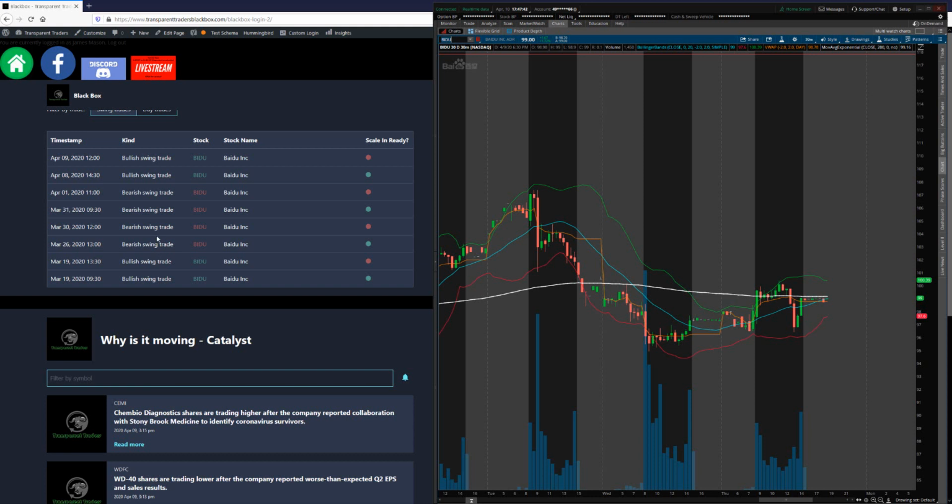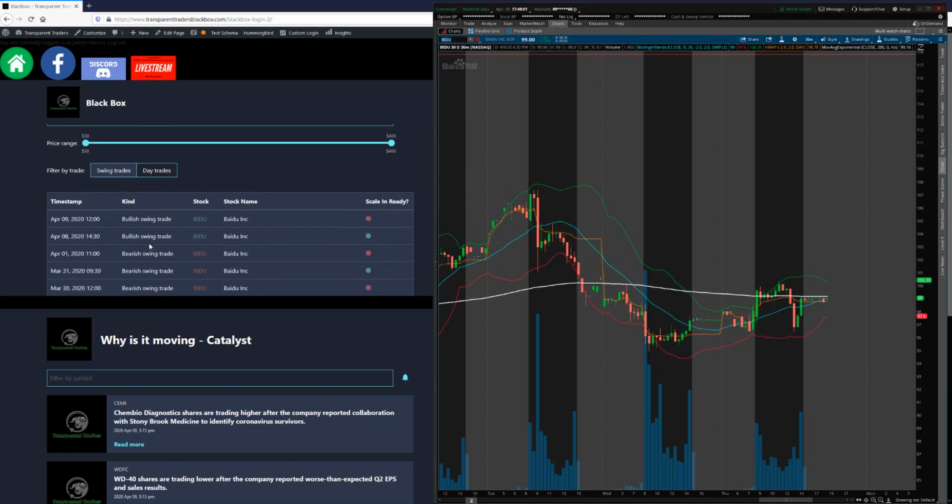Because what I'm really looking for here is a new, fresh set for that category change. So, as I would have seen this run for these bearish swing trades on BIDU, and then I saw this category change for the bullish, I'd have been like, okay, this is a fresh alert. And I would have been interested in it. During that time, that would have been a solid entry.